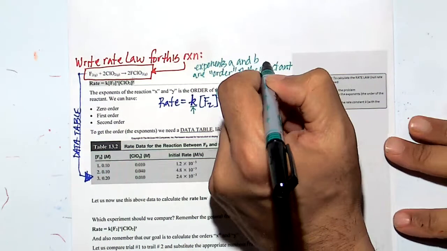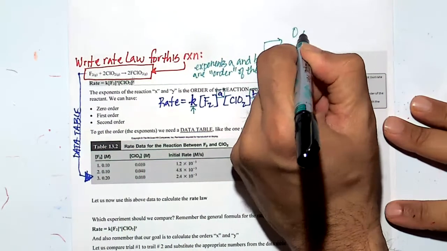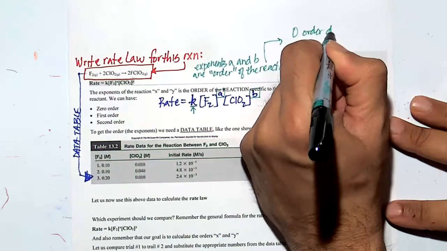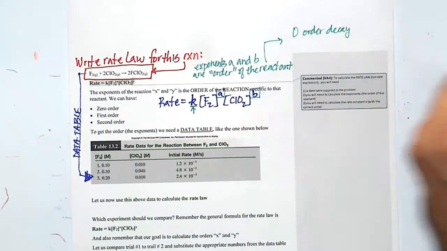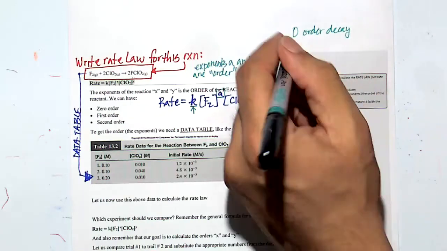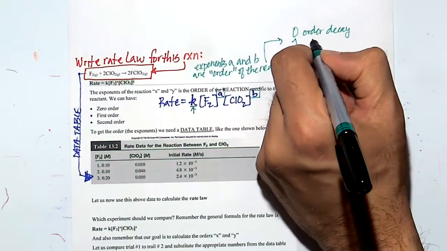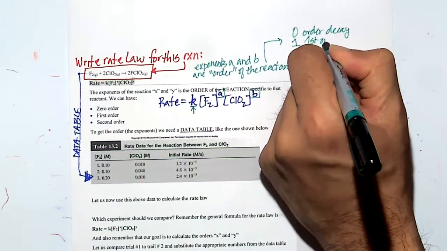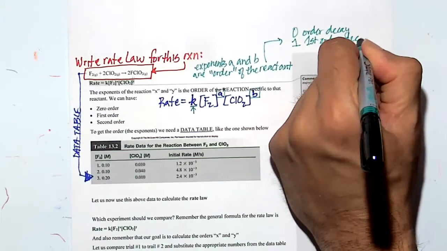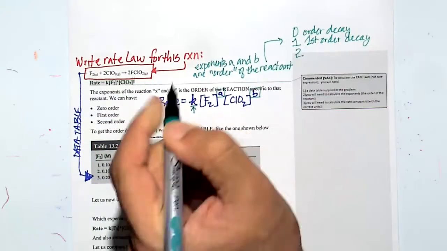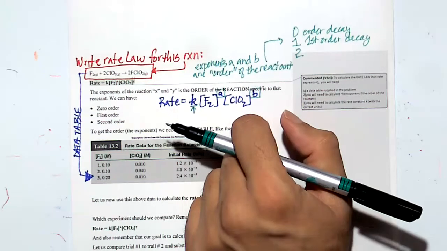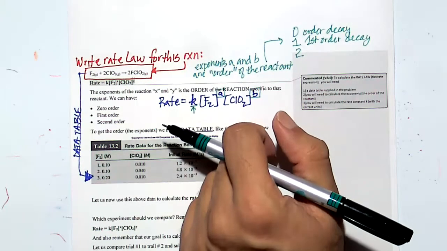And that order could be zero order decay. It could be first order decay. So this could be 0, 1. If it's 1, it's first order decay. And then it could also be 2 for second order decay. That's all I'm going to give you.